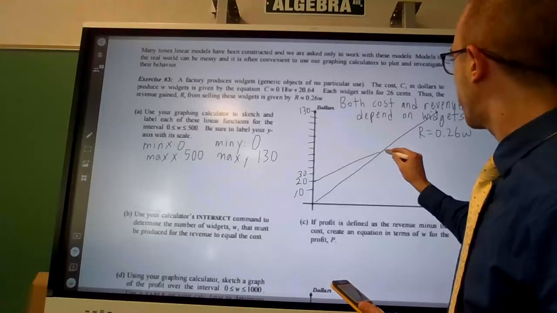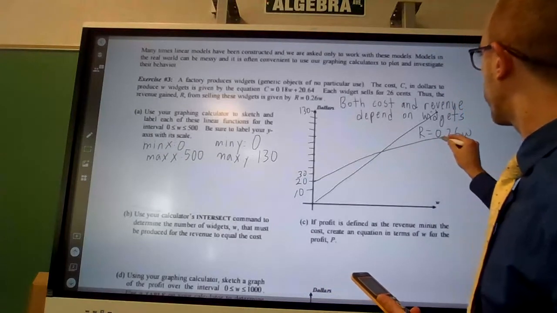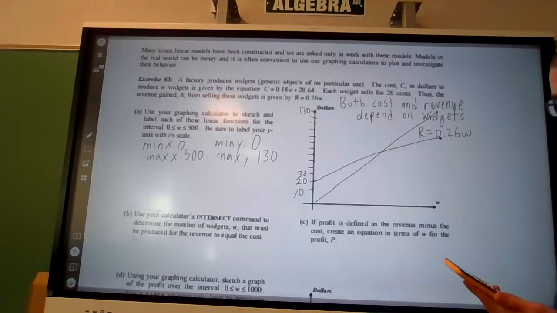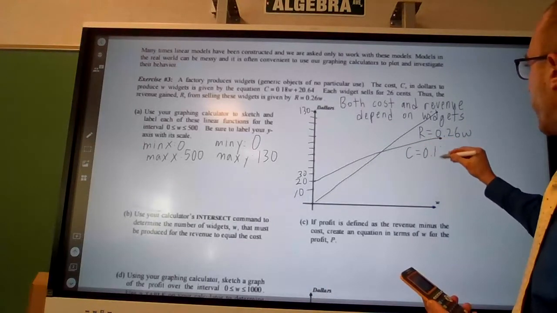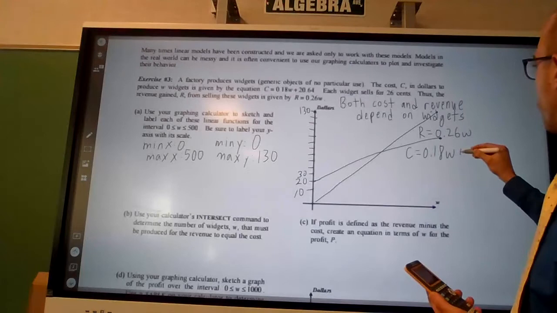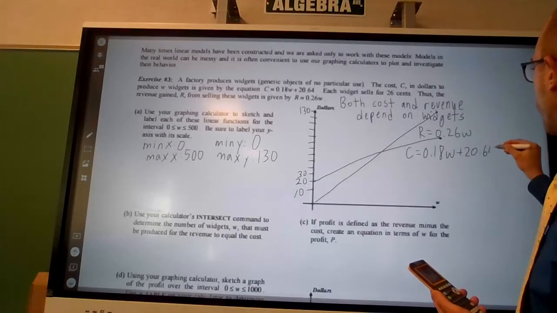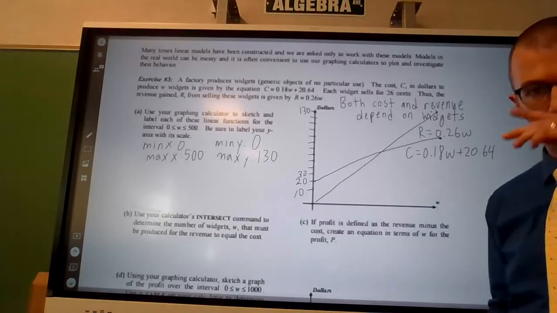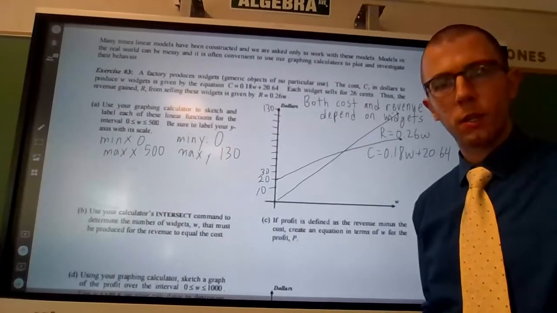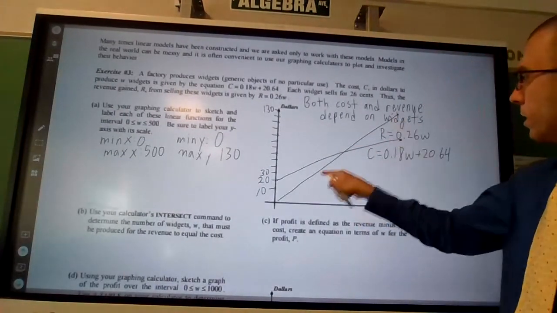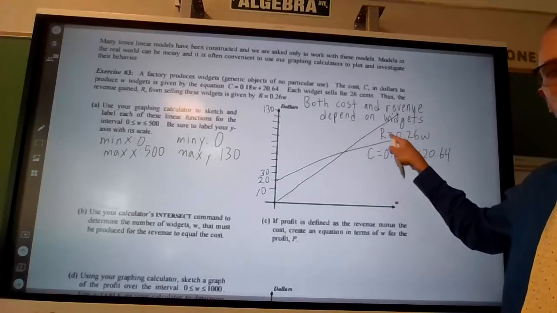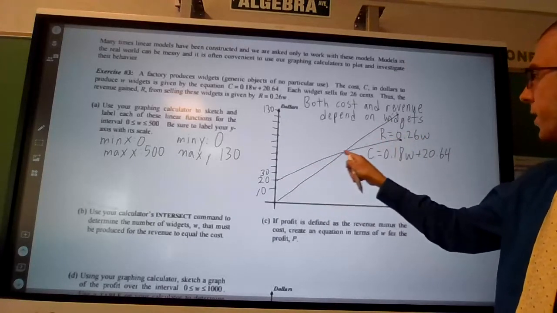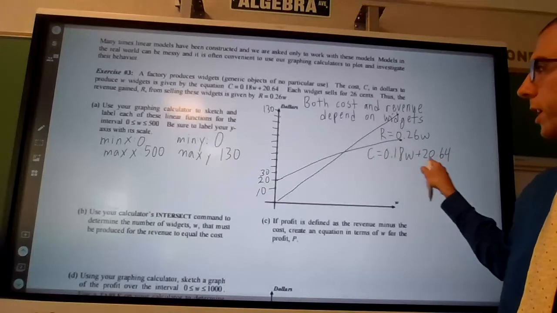It intersects at some point, then continues over. All right, and this I'm going to label C equals 0.18W plus 20.64. All right, so I have my revenue function here labeled right under it. And I have my cost function here, again, labeled right under it.